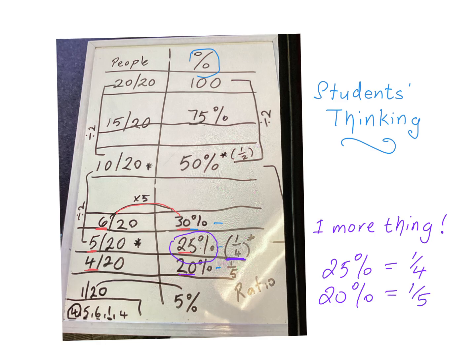So it'd be really interesting to explore this further with that student, asking them how they know that 1/4 equals 25%, how they know that 1/5 equals 20%, and getting them to explain that, reason it out.